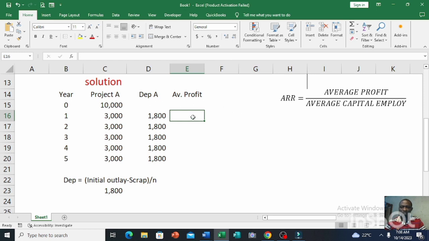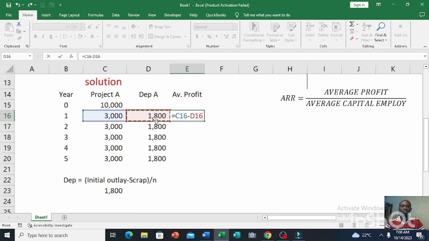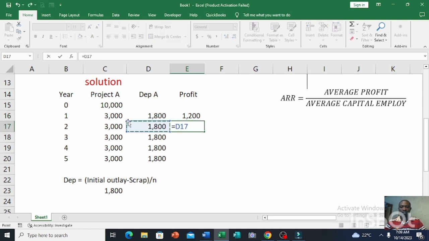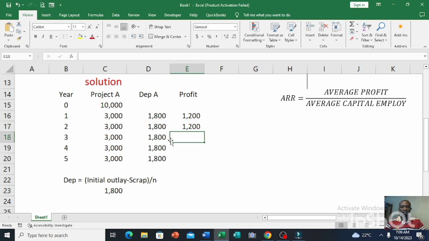So for our average profit, we take the cash flow of the investment that year and remove depreciation from it. What is left we call the profit. So this is profit, not average profit yet. You take this, take away this, enter, and same here, so you can just autofill this.